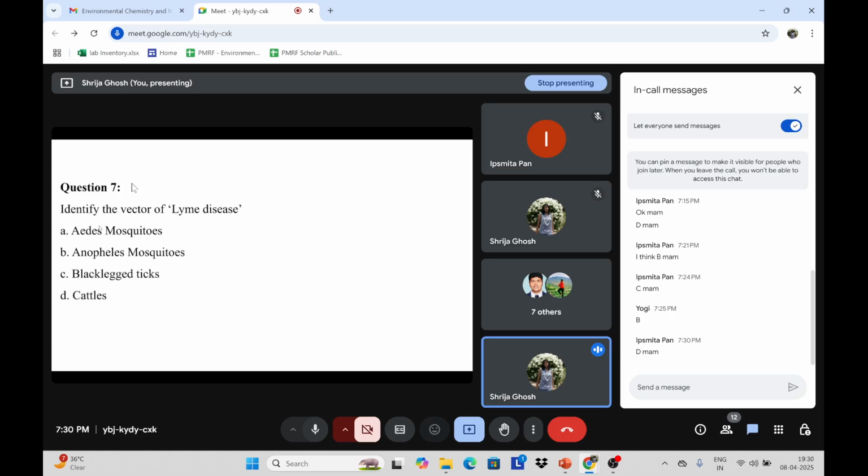Okay, I have one answer. Says option D, cattle. What about others? Everybody write the answers on the chat box.